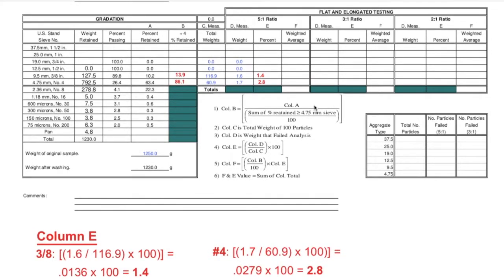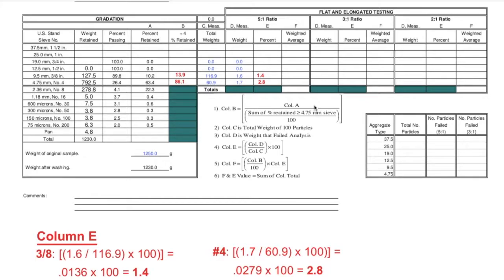So now let's look at our column E. In the middle of the page on number 4, you will see the formula for column E. It's column D divided by column C times 100. Column D representing the weight of failed particles, column C representing the total weight of particles collected.